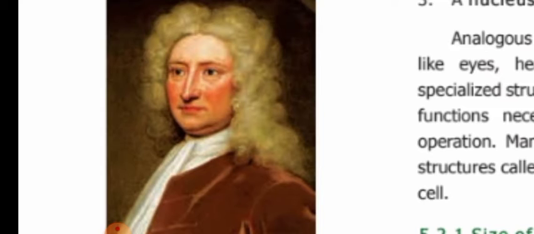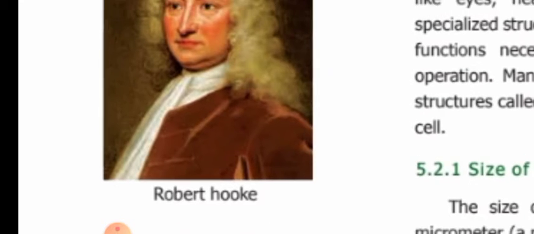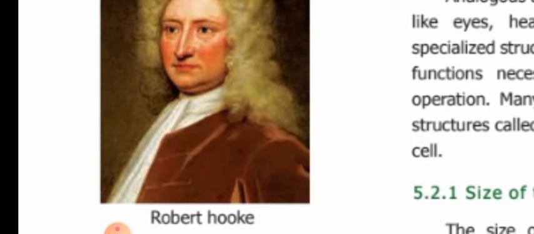Since these were dead cells, he was not able to find out what is present inside the cell, and he could only trace the walls of the dead cells. Is it clear, children? So he is the man Robert Hooke. He coined the word cell.